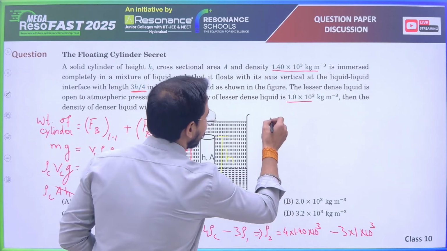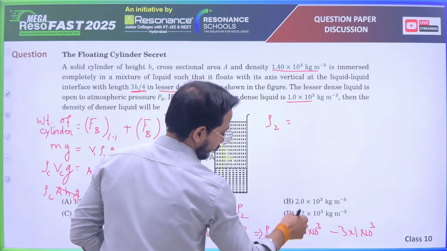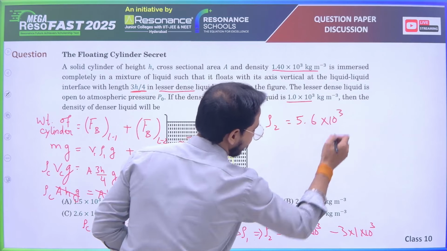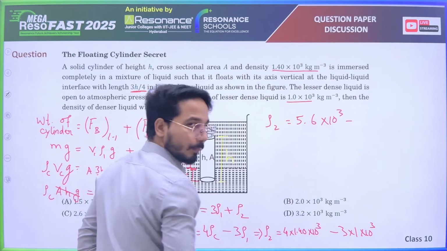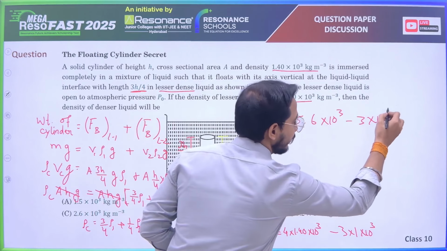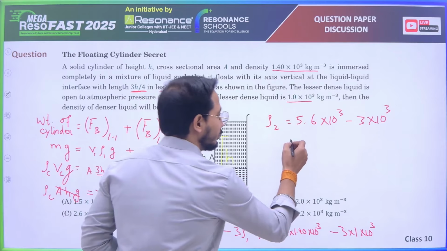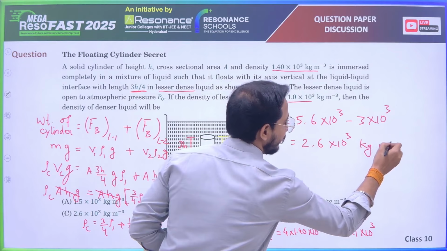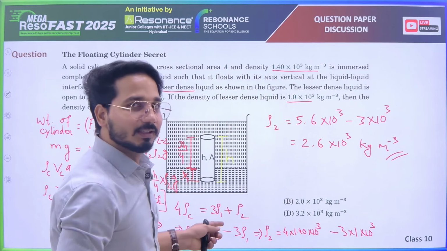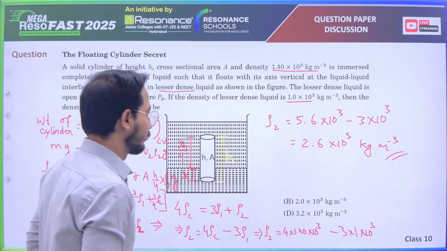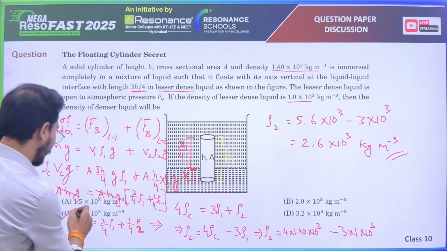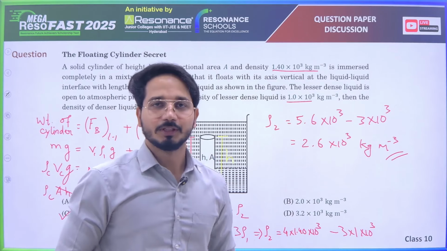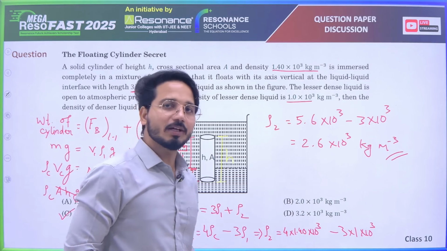So rho 2 will be equal to 5.6 into 10 to the power 3 minus 3 into 10 to the power 3, right? So this will become 2.6 into 10 to the power 3 kilogram per meter cube. This is our answer for density of the more dense liquid. So 2.6, option C. We can see option C, 2.6 into 10 to the power 3 kilogram per meter cube. Clear? Okay, moving ahead to the next question.